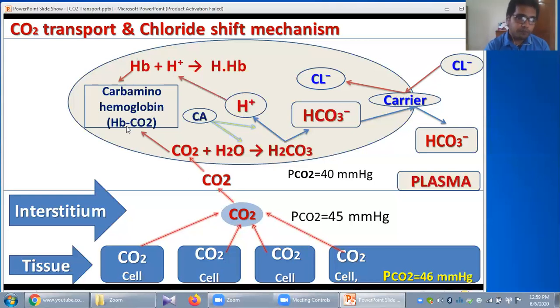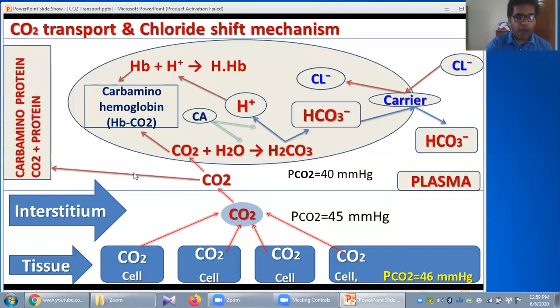Some of the carbon dioxide molecules also bind with the plasma proteins to form carbamino protein. So these two forms, carbamino hemoglobin within the RBC and carbamino protein in the plasma, together will be considered as carbamino compound, and 23 to 30% of carbon dioxide will be transported in this form.